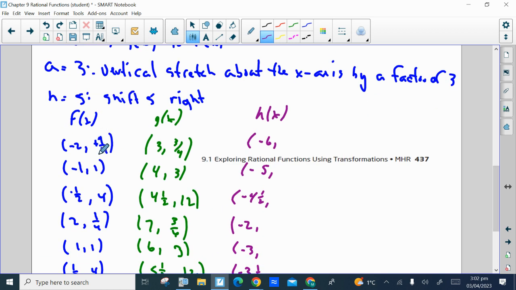So multiply 1/4 by -1 will become -1/4. Add 6 will be 5 3/4. 1 times -1 is -1, plus 6 is 5. 4 times -1 is -4, plus 6 is 2. And the y values are the same as above, 5 3/4, +5, and +2.